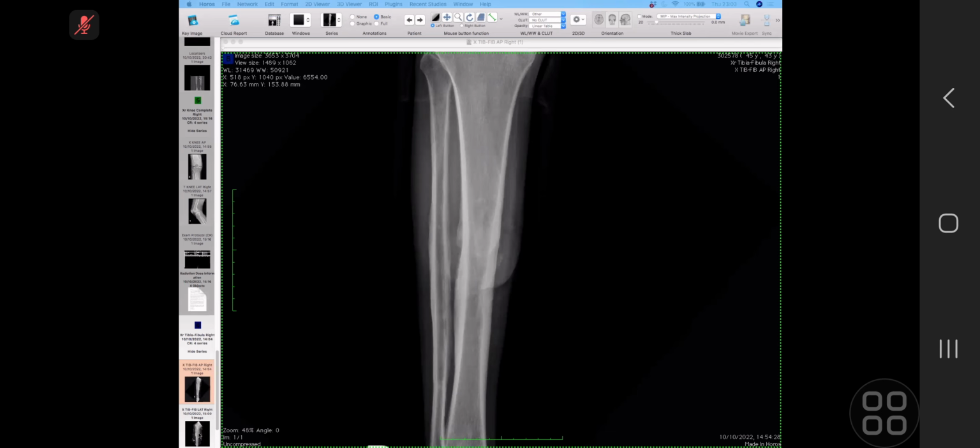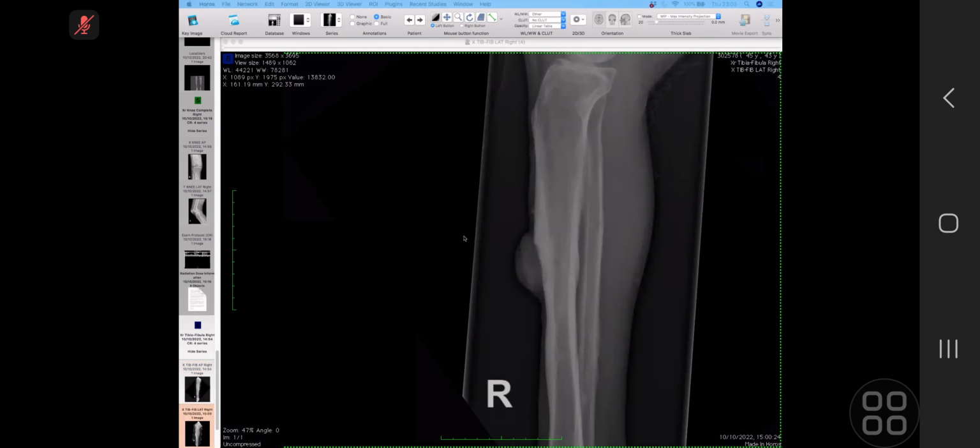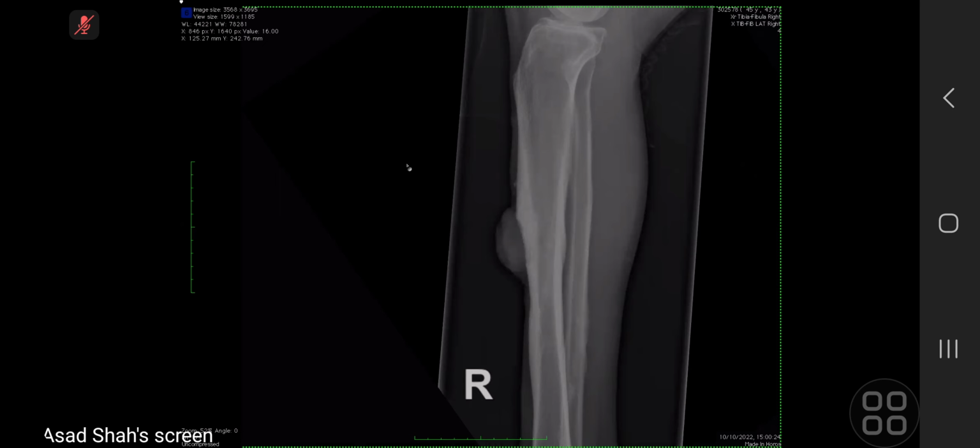What are we thinking about? What's your differential diagnosis there? So on the lateral projection, I was thinking about a benign soft tissue mass that could be a hemangioma, thinking that there is a phlebolith in the superior aspect.